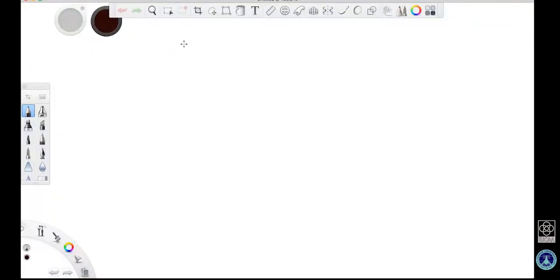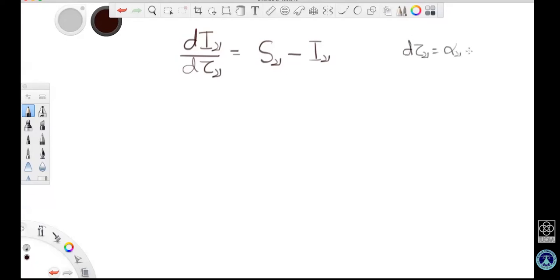So the equation I had was this, right? d I nu over d tau nu equals S nu, the source function, minus I nu. This is my basic equation of radiation transfer. Optical depth is something, and I have written that d tau nu is equal to alpha nu times ds.